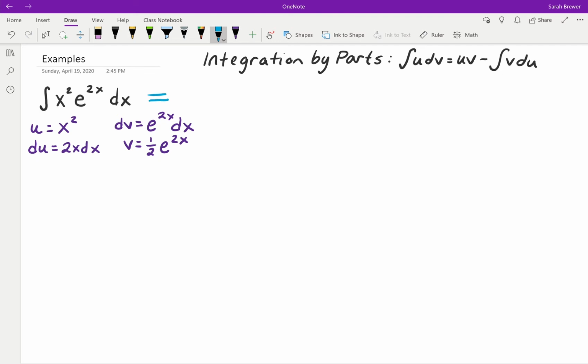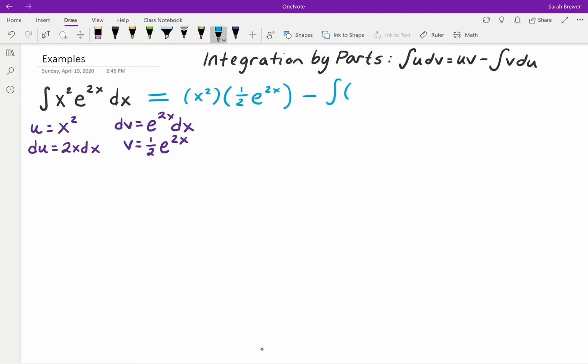And so I can write the integral of x squared e to the 2x dx, so integral of u dv, as u times v. So I'm going to think about this as x squared times 1/2 e to the 2x minus the integral of v du.